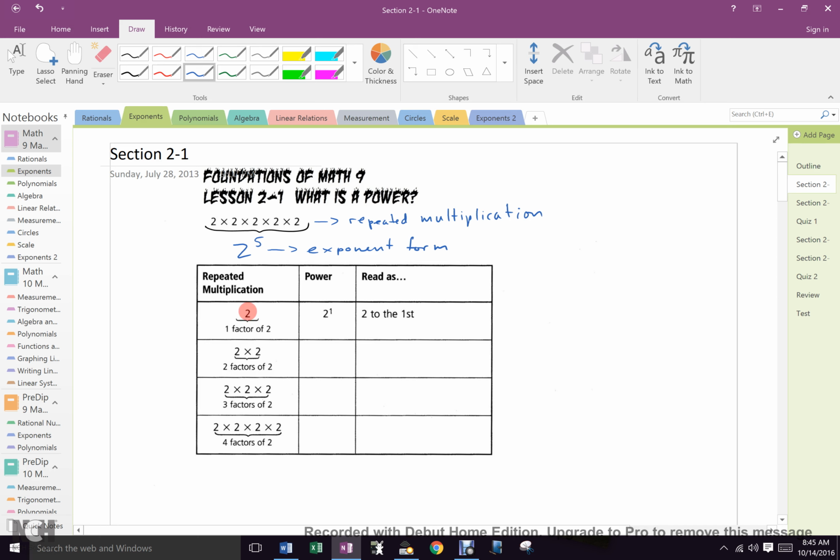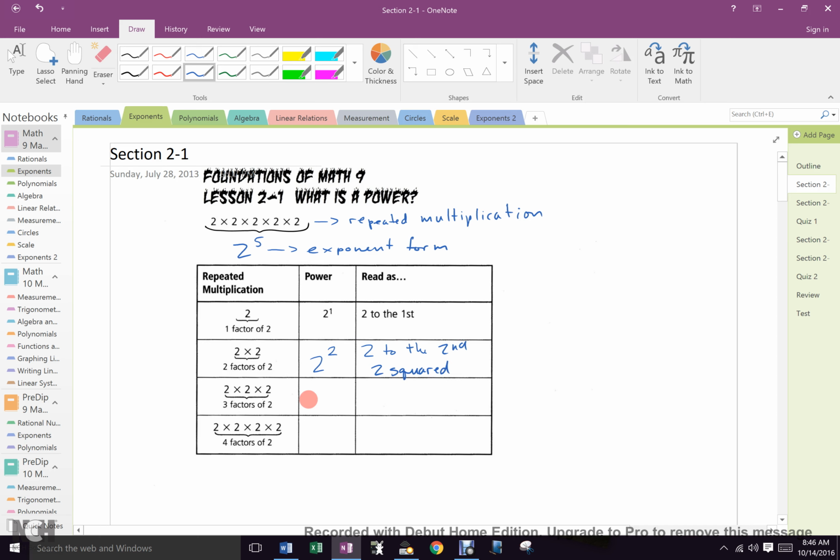2. So because there is only 1, 2, it's 2 with a 1. And this is how we read it. 2 to the first. Okay? This one, there's 2 of them. So it's 2 with a 2. And then we have 2 ways we can read that, don't we? We read it as 2 to the second or 2 squared.